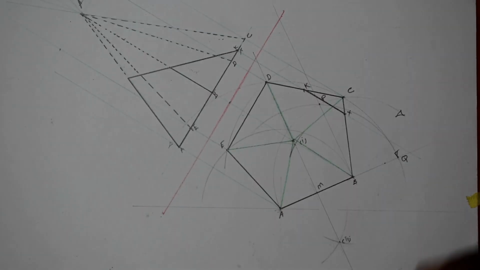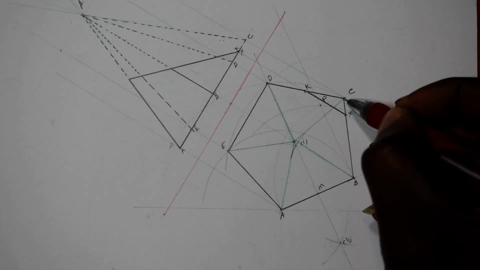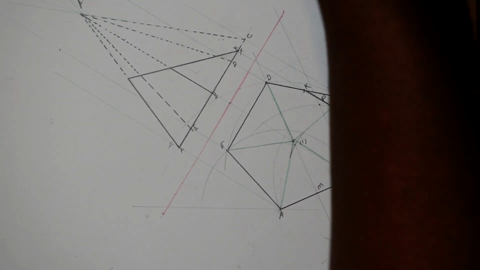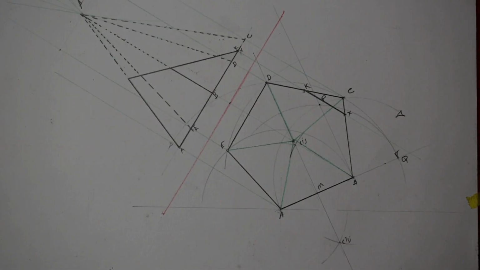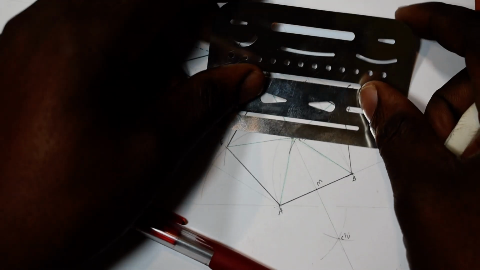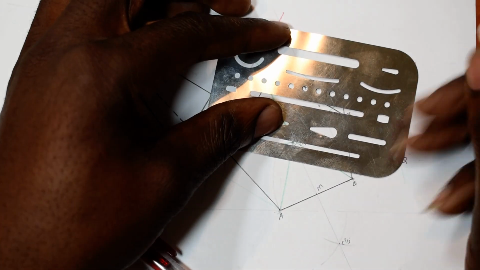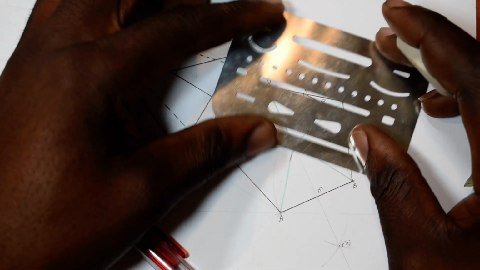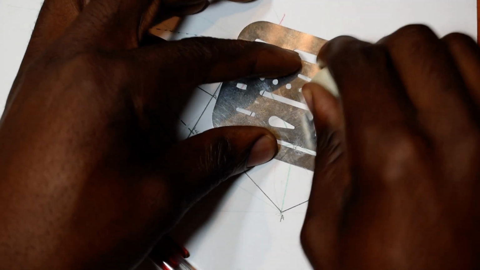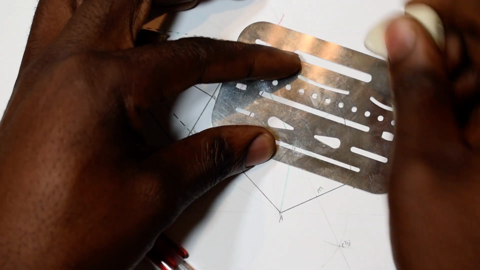So again, this KC, this XC, KC has to be hidden. It's not there, so it has to be hidden. So I'll draw it as such. Hidden.